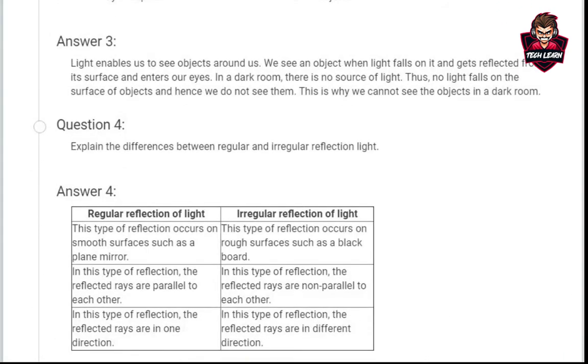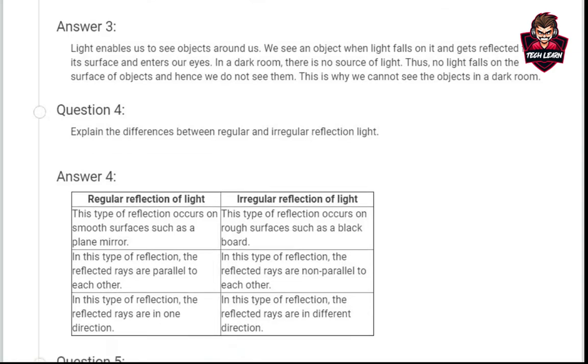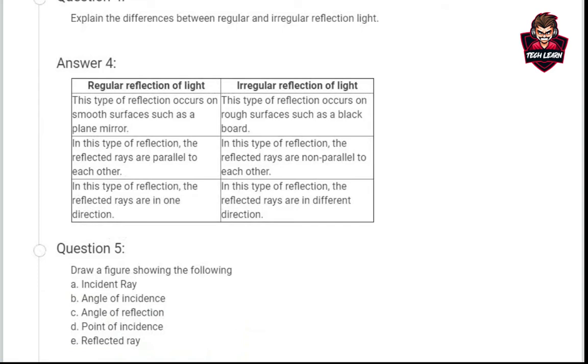Question number 4. Explain the differences between regular and irregular reflection of light. First, we will explain regular reflection of light. This type of reflection occurs on a smooth surface such as a plane mirror. Second, in this type of reflection, the reflected rays are parallel to each other. Third, in this type of reflection, the reflected rays are in one direction.